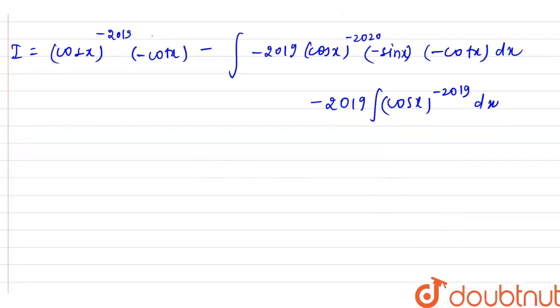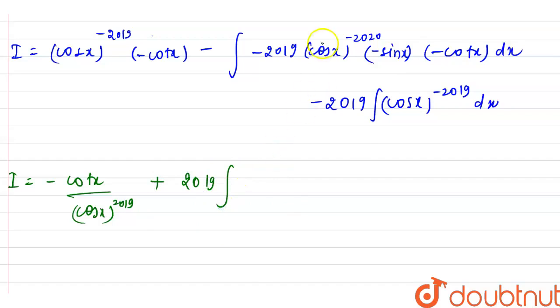In the next step, I'm writing this as it is, minus cot x, and in the denominator cos raised to the power 2019. Here the signs: minus minus becomes plus, plus minus becomes minus, and then minus minus becomes plus, so it will be completely plus. 2019 I'm writing outside because it is a constant.